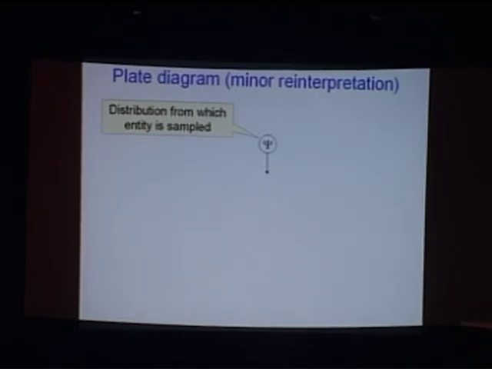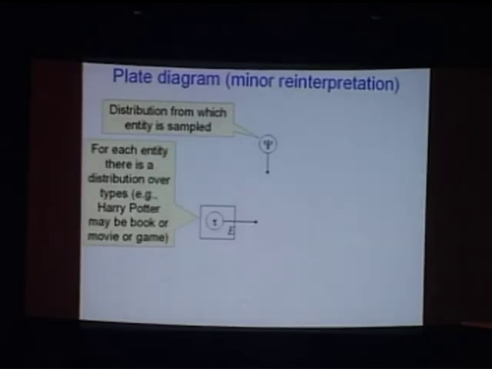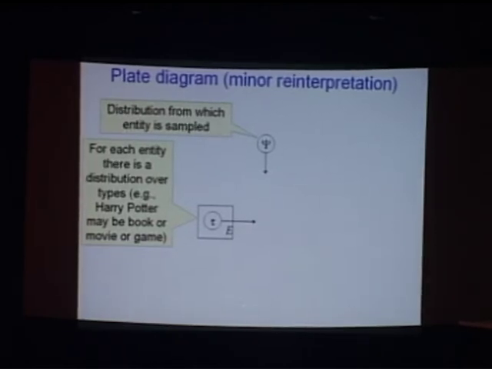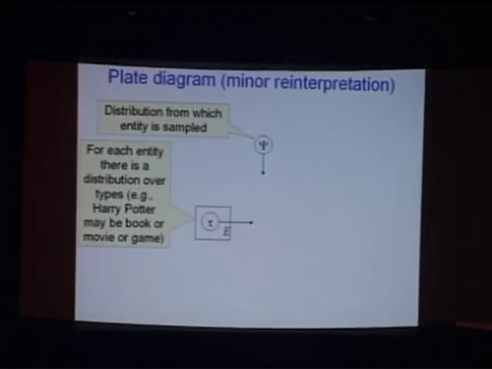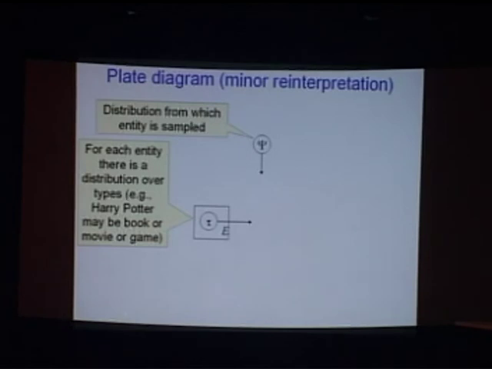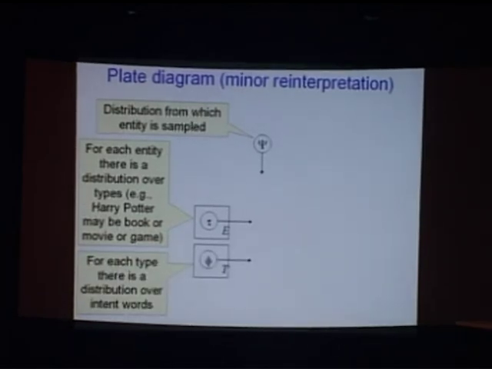There's a certain distribution from which your target or secret entity is sampled. That's the site. And then for every entity, there is a distribution over types. So if you have Harry Potter, then there could be different types like book or movie or game. And for every type, there's a distribution over intent of what you want to do with it, which dictates the whole query.